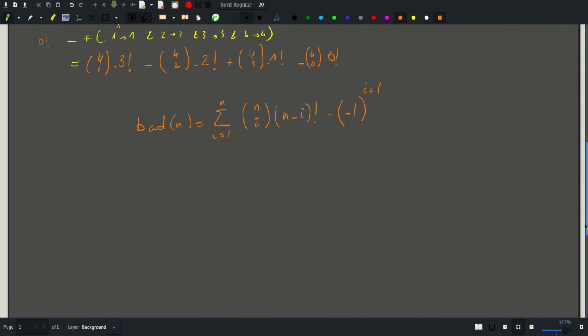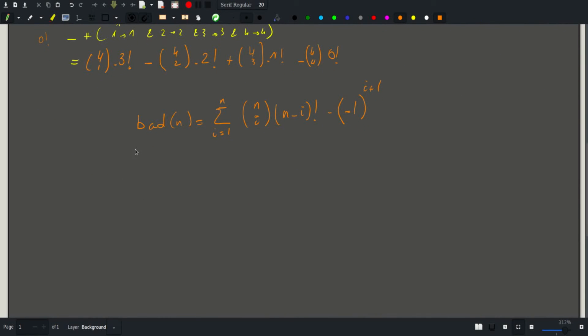So now we can use this to actually compute the value for good. We said that good of n was equal to n factorial minus bad of n. And we just found out that bad of n was sigma from i equals 1 up to n of n choose i times n minus i factorial times negative 1 raised to the i plus 1.